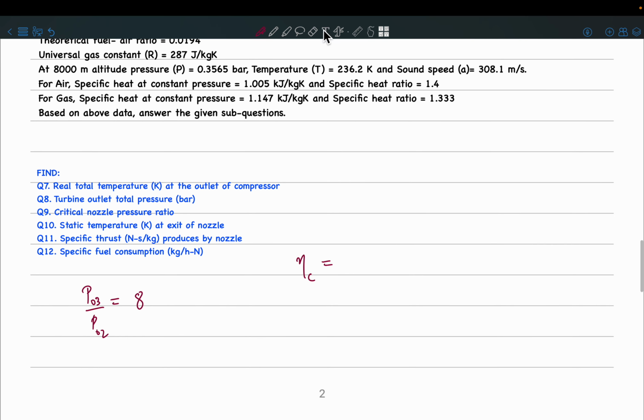So let us start calculating across the compressor. The first thing we have to calculate is T naught. But wait, let me just draw the cycle first.